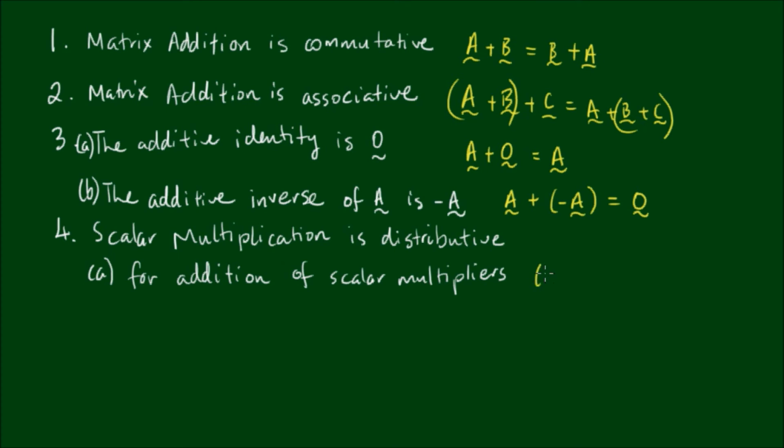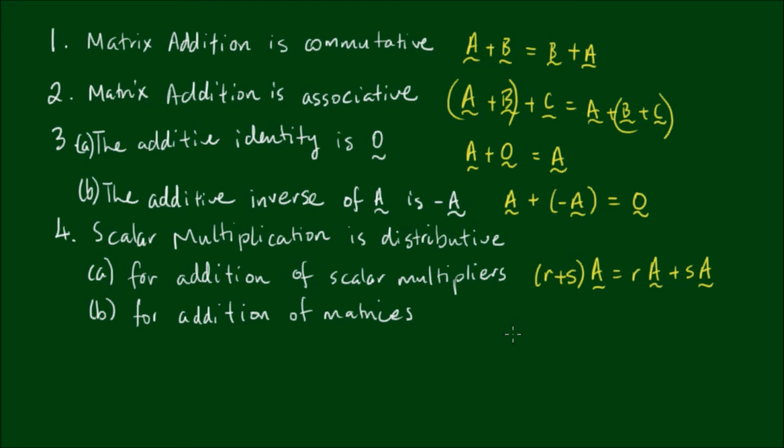So as we've shown before, r plus s times the matrix A is equal to r times the matrix A plus s times the matrix A. And for part B, we say that it's true for the addition of matrices as well. So if we add matrix A and matrix B and multiply this by r, then this is the same as r times A plus r times B.